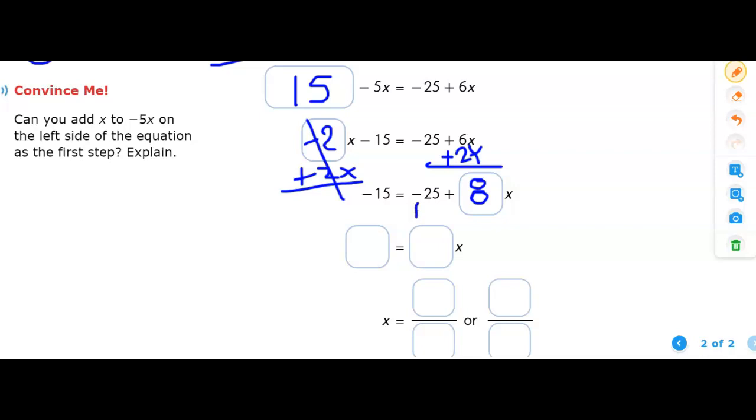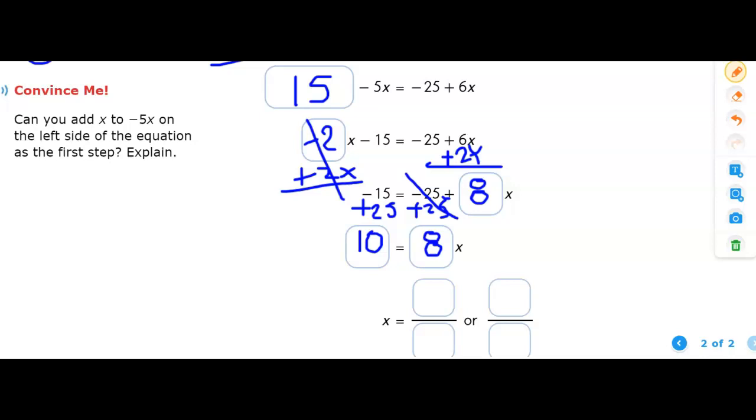Now we're going to add 25 on both sides so that we can get the 8x by itself on that side. So that will cancel. We are left with 8 times x. And then negative 15 plus 25 will equal 10. And then we have 8 times x that we need to separate from x.